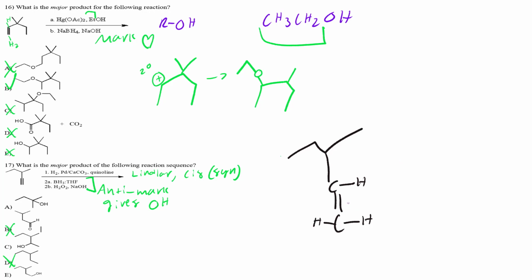Let me clarify. Markovnikov says that hydrogen wants to be with more hydrogens. For anti-Markovnikov, we do the opposite. So that must mean that we have our alcohol over here.